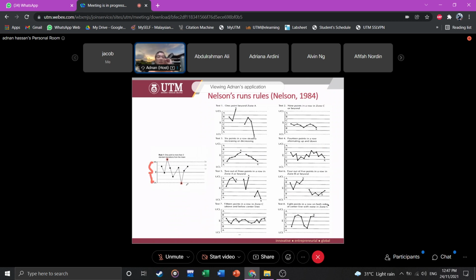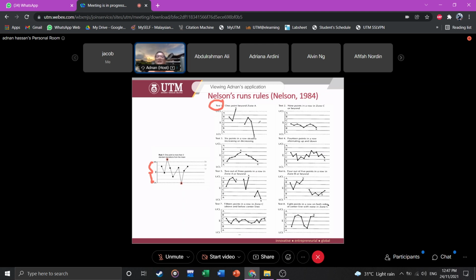If we identify one point outside the control limit, this is called rule number 1, one point beyond zone A. This chart shows A, B, C, and then C, B, A, meaning 1 sigma, 2 sigma, 3 sigma on the top, and also 1 sigma, 2 sigma, 3 sigma at the bottom.